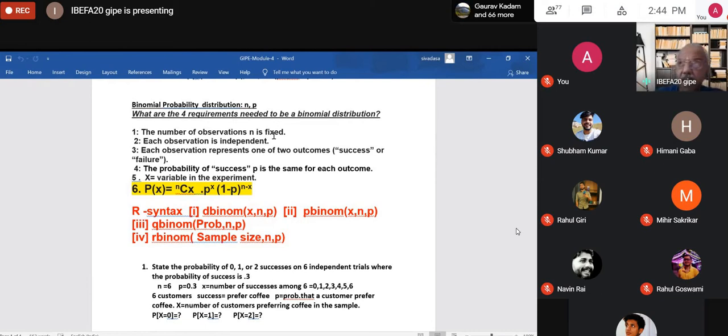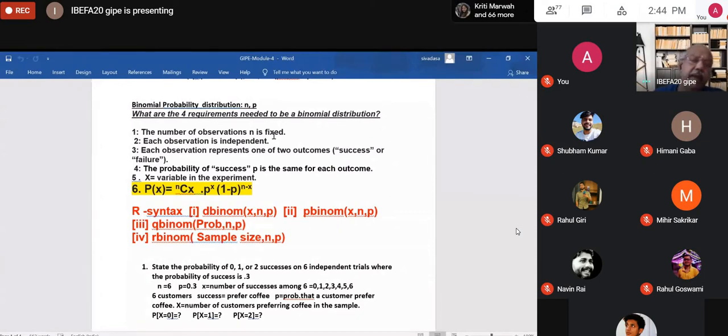Because it is a random experiment, there can be a probability of success and there can be a probability of failure: P and 1 minus P. And X is how many successes are in the sample.